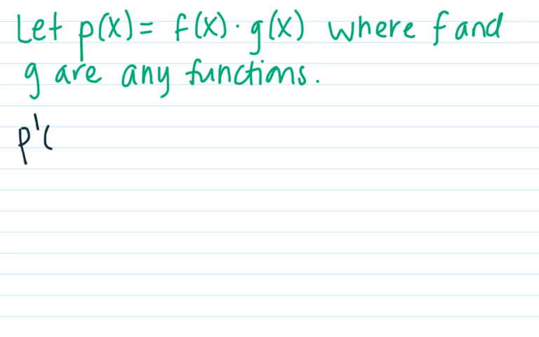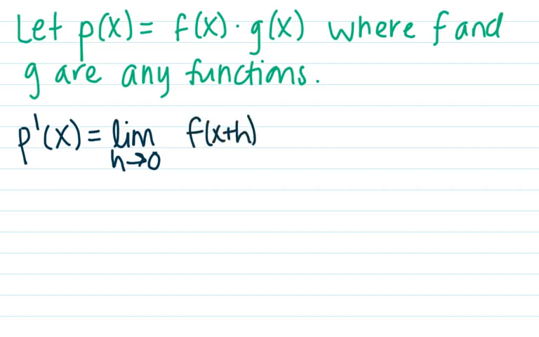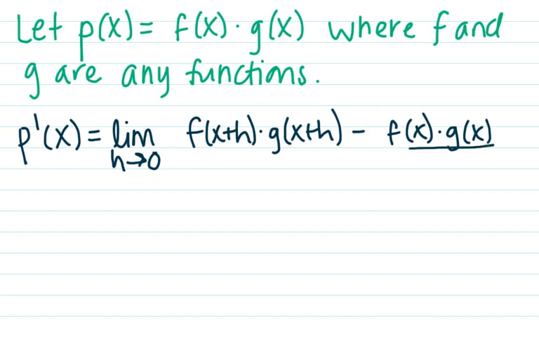So p prime of x would equal the limit as h goes to 0 of f of x plus h times g of x plus h, minus p of x, which in this case is f of x times g of x, all over h. So again, I'm using the original definition of the limit, plugging x plus h and x into that product.